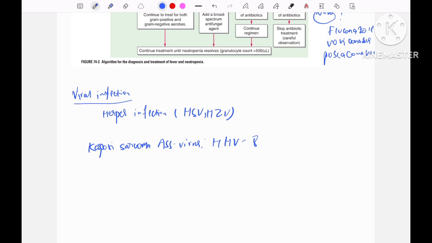And also there can be a risk of cytomegalovirus infection in a patient undergoing hematopoietic stem cell transplant.